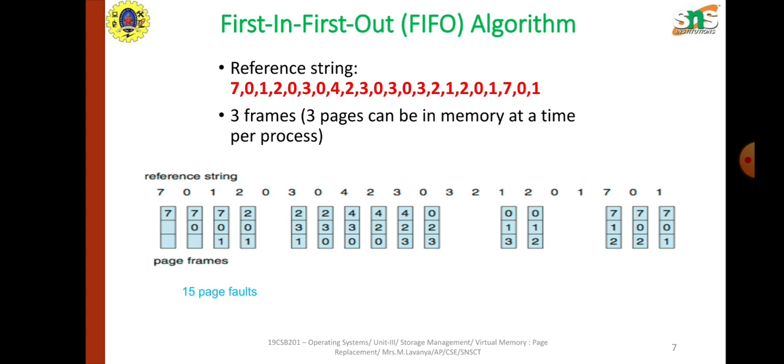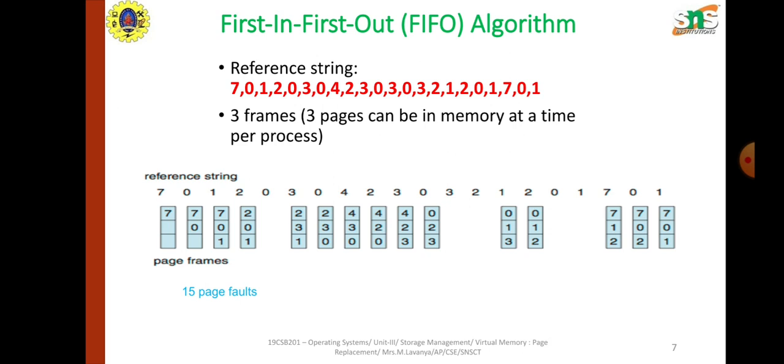The process of FIFO is first in first out, right? Whatever data arrives first will be allocated for the frame. 7 is the first string which arrives, so 7 will be allocated for the frame. Next, 0 arrives, so 0 is allocated to frame 2. Then 1 arrives, 1 is allocated to frame 3.